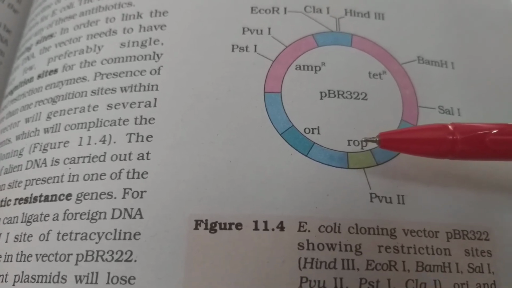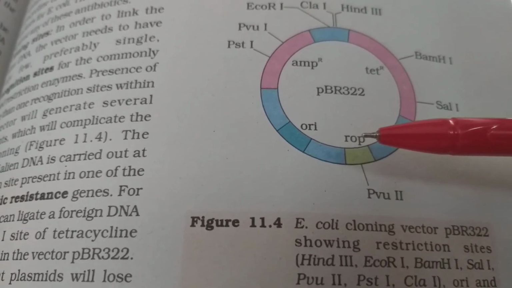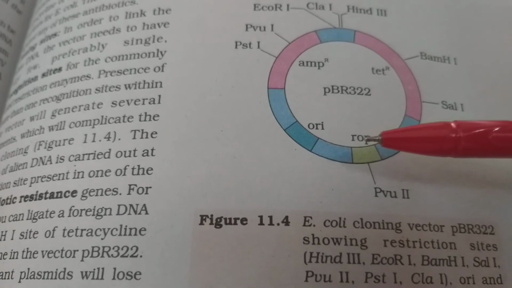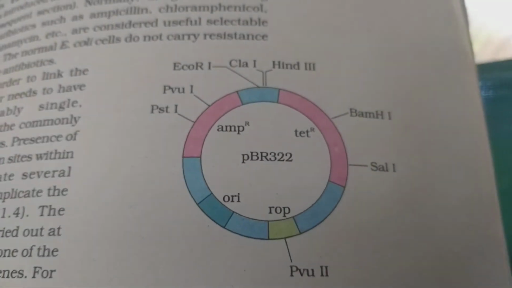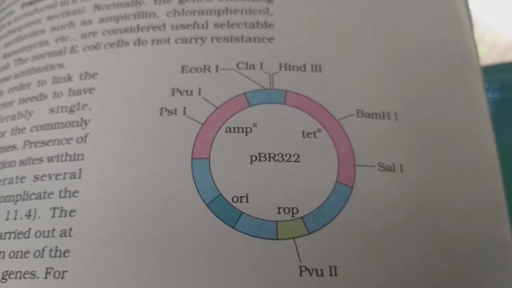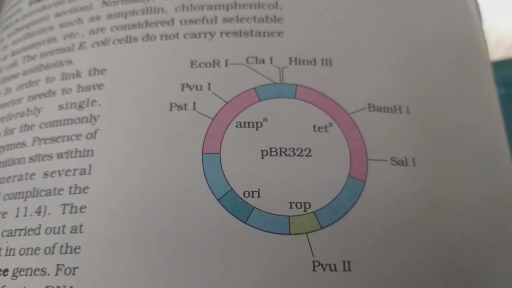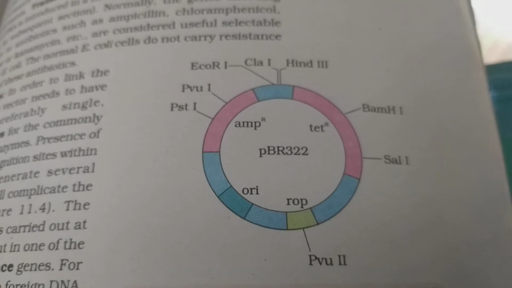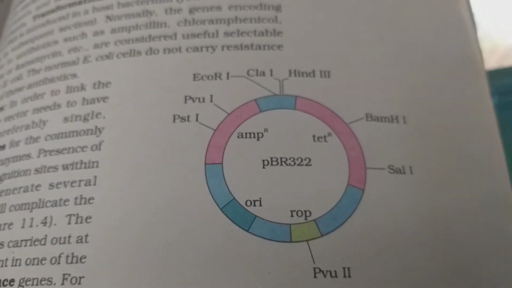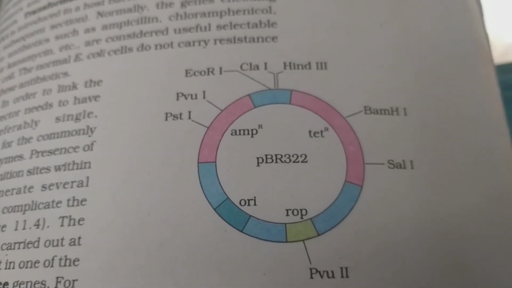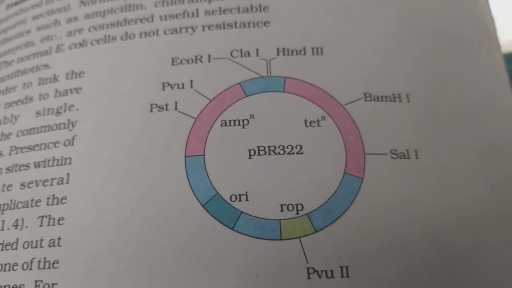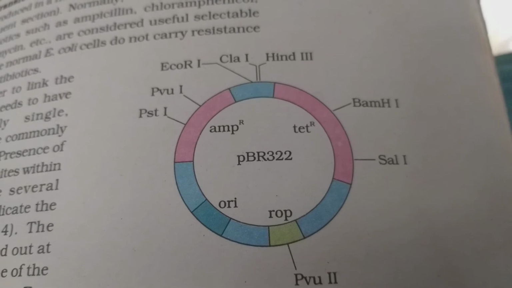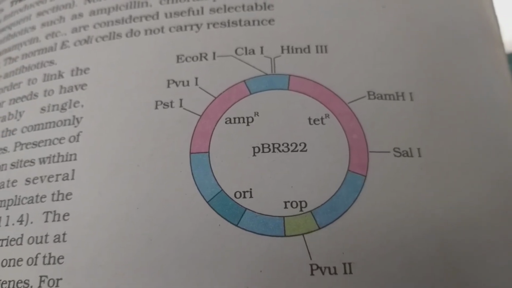Then very important are the selectable markers, or antibiotic resistance genes. In this figure, there are two selectable markers. Can you identify which two? Selectable marker means a gene responsible for antibiotic resistance.